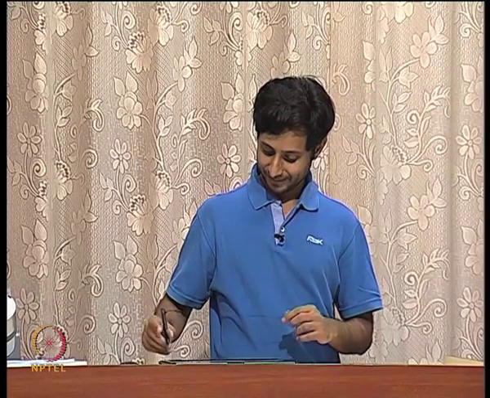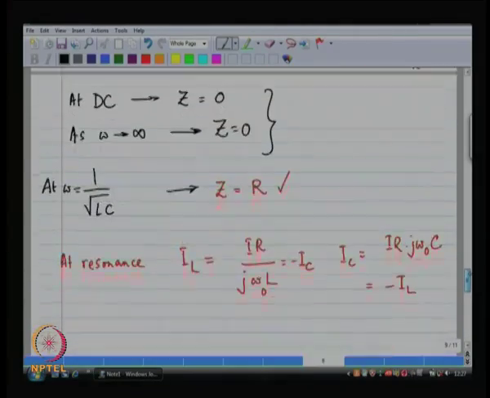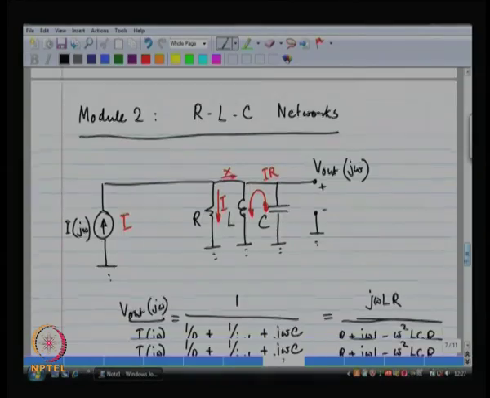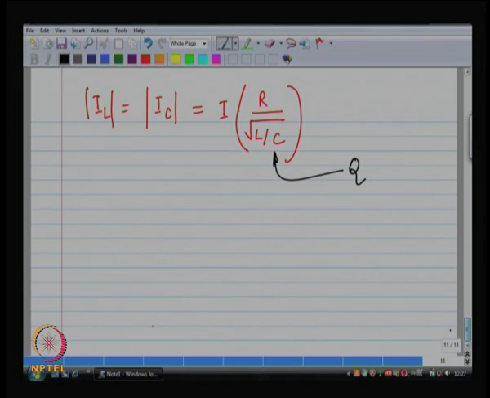All right. If you want the parallel RLC circuit to work well, then you want R to be as large as possible, right, in which case your Q is also very large. Okay. So, this is something very interesting.